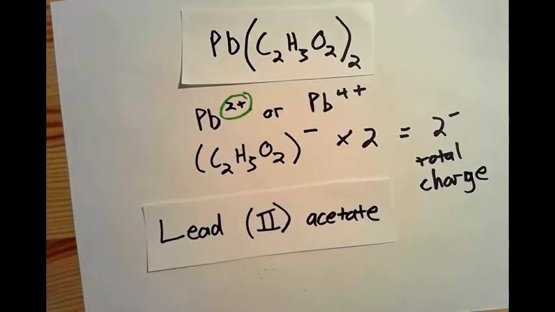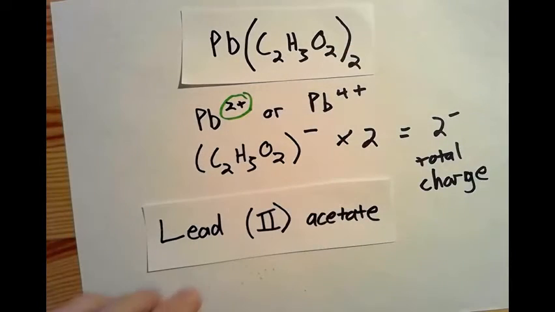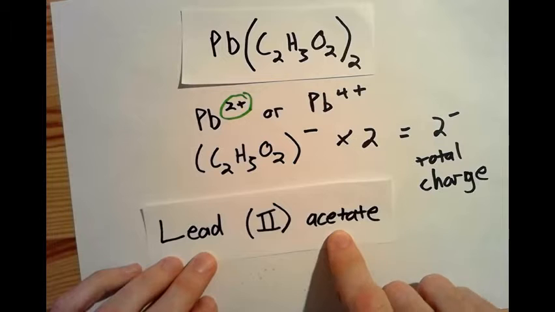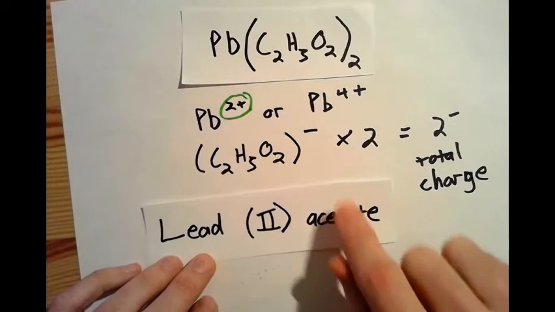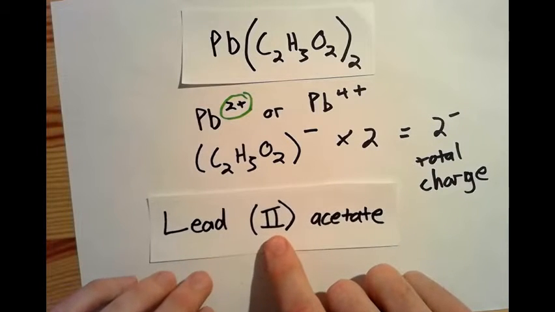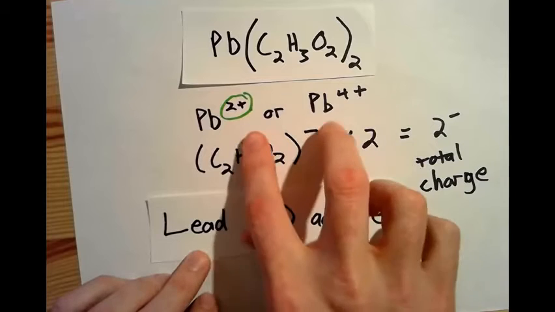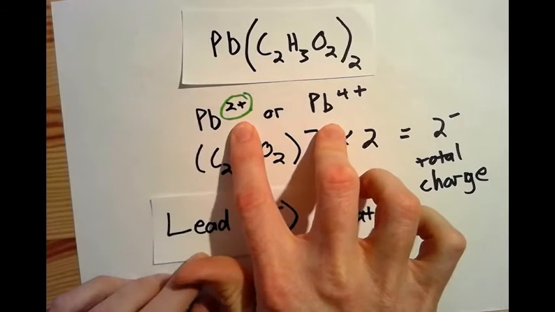It never means the actual number of molecules. And then for acetate, because it only has one charge, we don't need a Roman numeral. You'll see Roman numerals when you see transition metals, or whenever you see something that has more than one oxidation state.